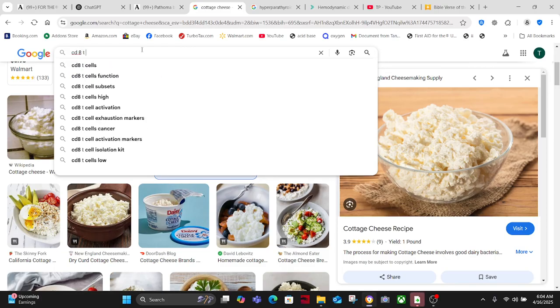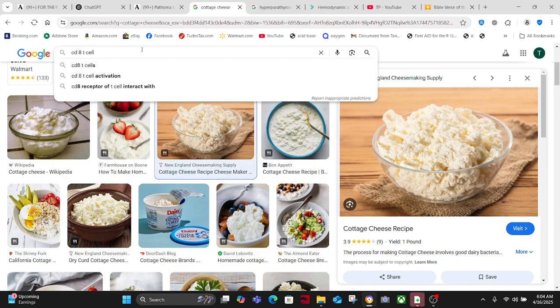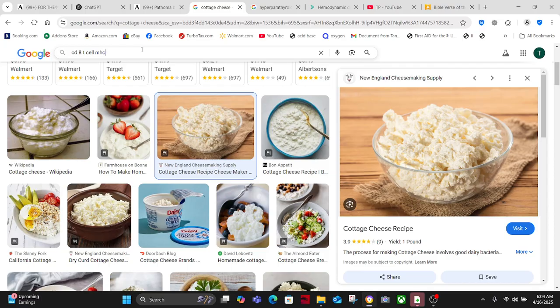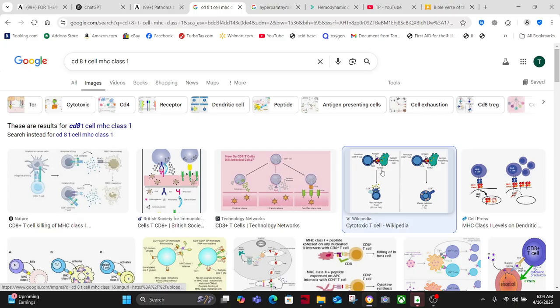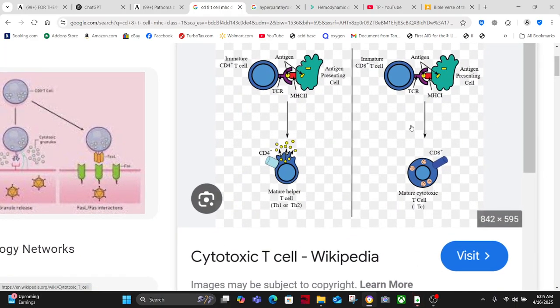So this is the T cell, and this is the APC, antigen presenting cell.